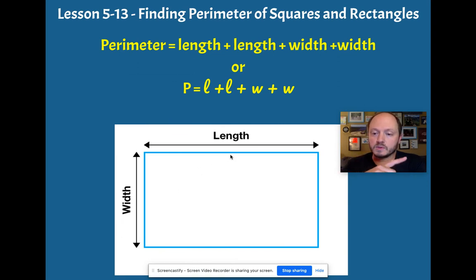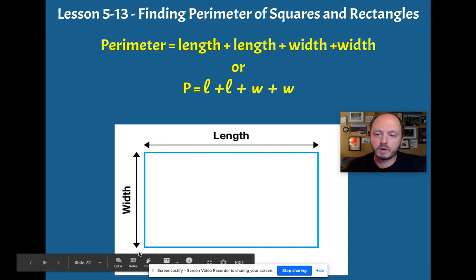So what we did with the square was we added up all the sides. Same thing happens with rectangles. We add up all the sides. And with this particular diagram, it shows you that the length is here and the width is here, right?